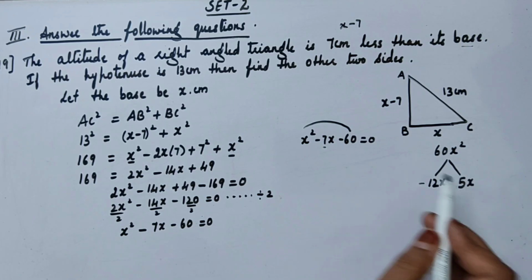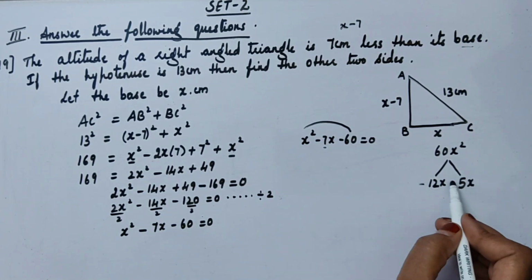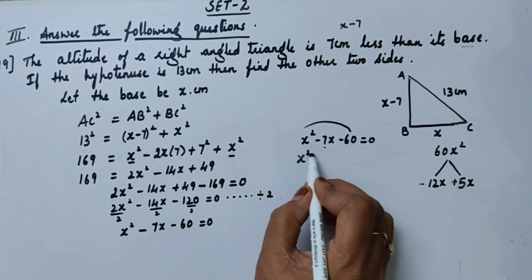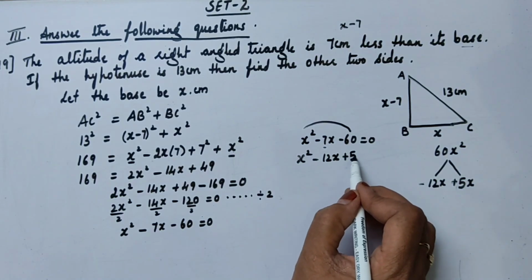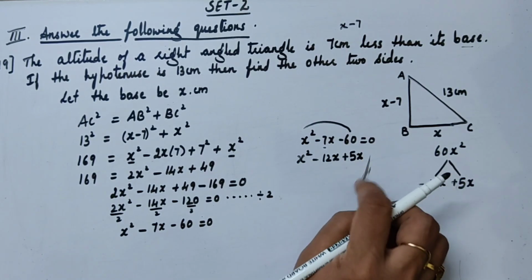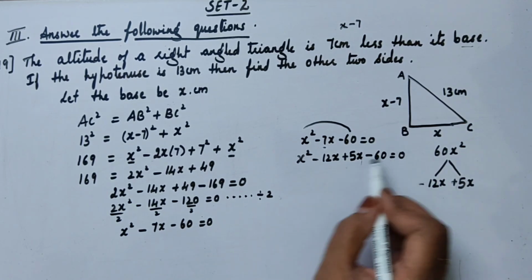If I subtract, I am going to get 7. So we need to change the sign. This is x square minus 12x plus 5x. Only the middle term is split. First and last remain as they are. Minus 60 equals 0.